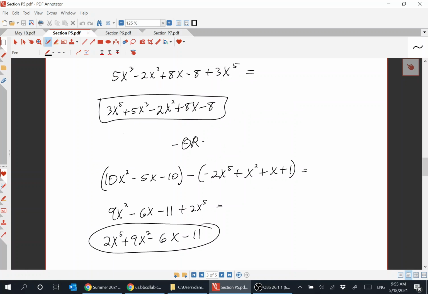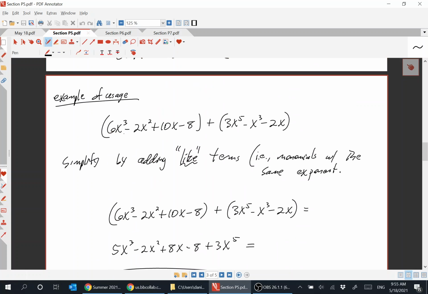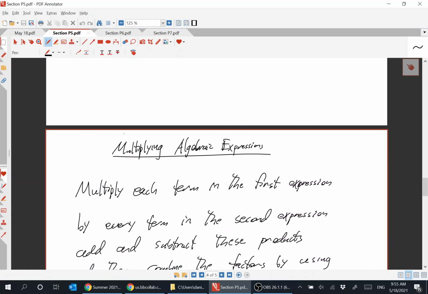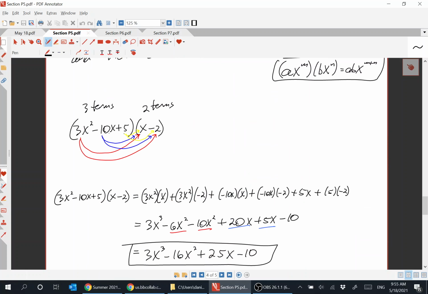When you've got two polynomial expressions or algebraic expressions, remember those are sums of monomials.